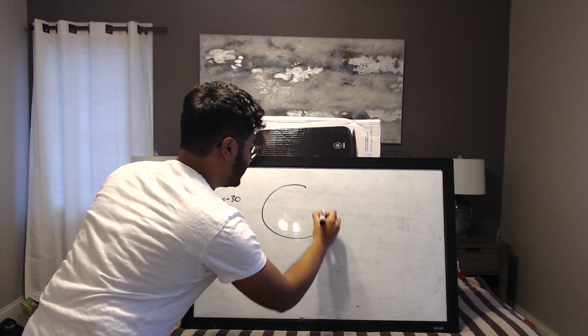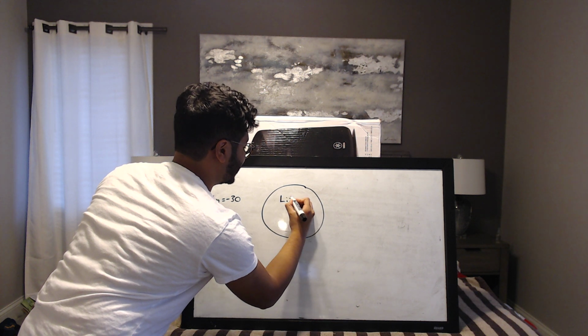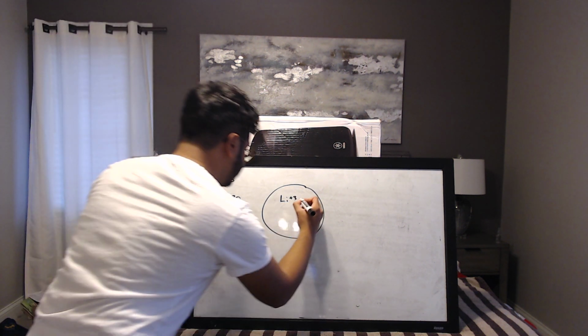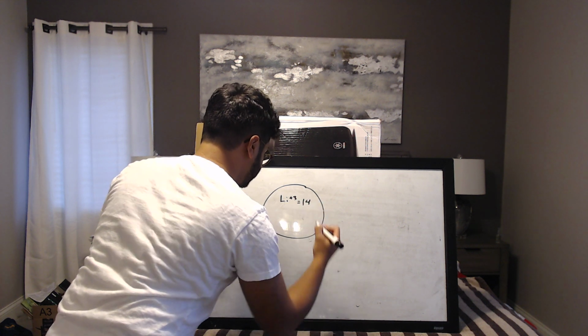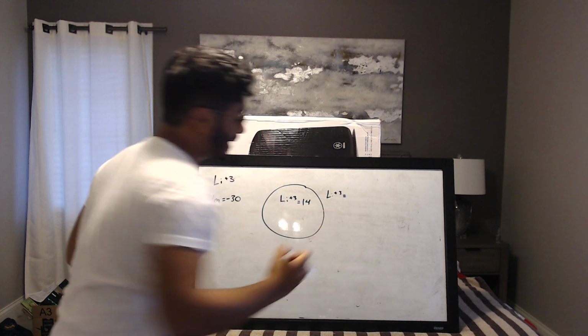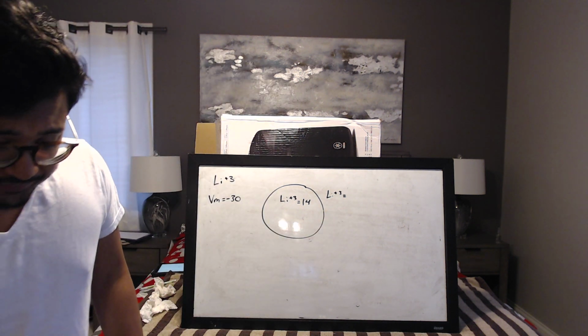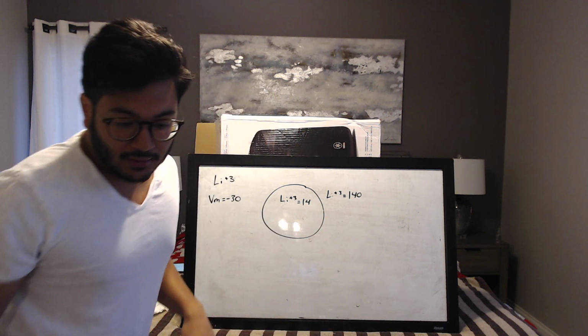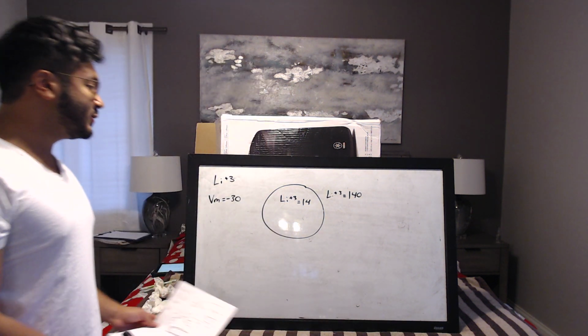Inside the cell, our lithium concentration is going to be 14. Outside the cell, our lithium concentration is going to be 140. All right, so let's break this down step by step.